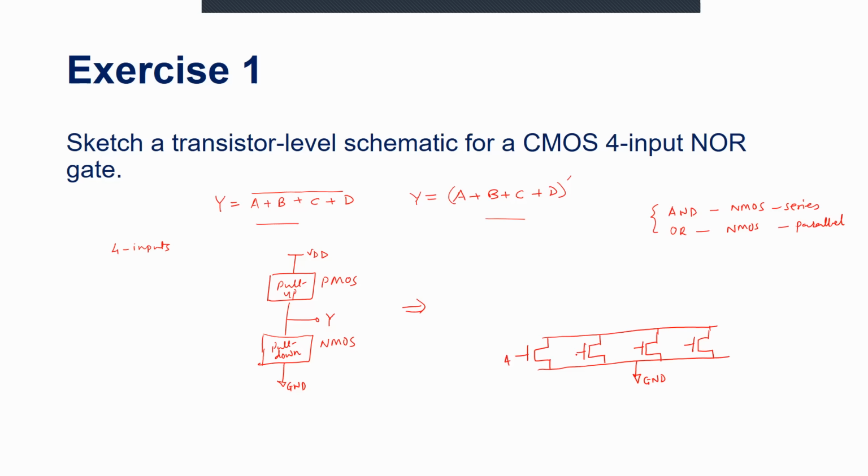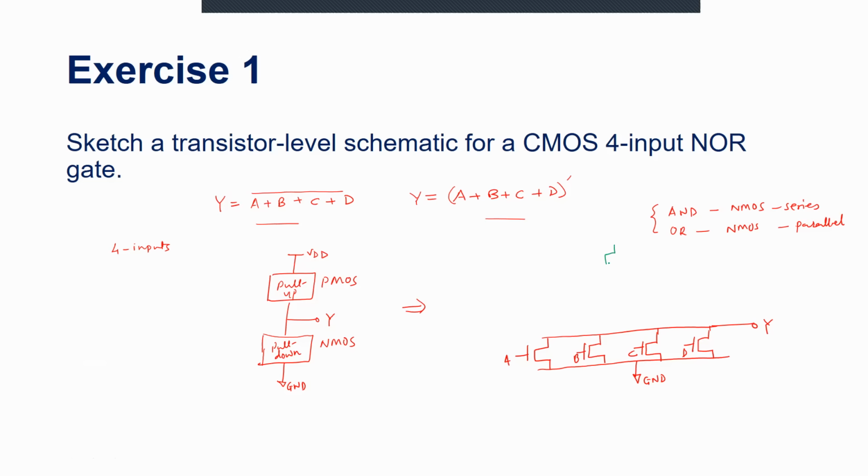So we have input A, input B, input C, and input D here. Once we have formed the NMOS network, which is the pull-down circuit, we can then construct the PMOS network. Let me try a different color so that it is easy to understand.